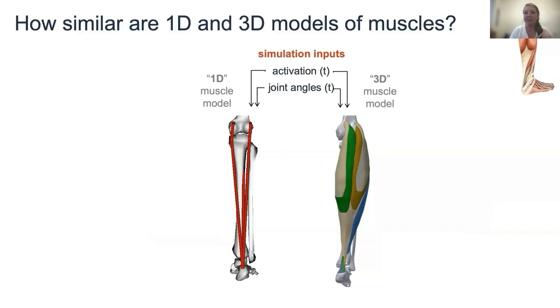For these two, we actually have pretty similar inputs. We have activation and joint angles as a function of time for whatever our task condition is. So the experimental data would be what we need in this space. You're welcome to type in, but I know we're short on time, so I'll move through this.